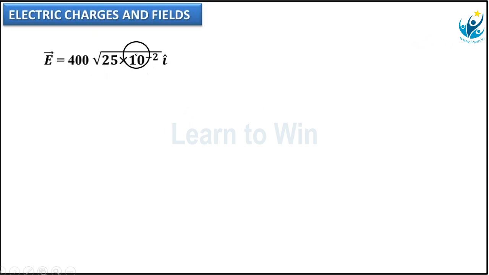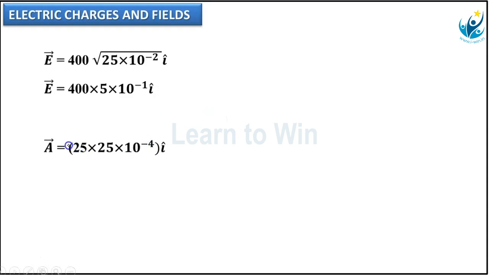Along which direction does it exist? The X axis, i cap. This is the electric field intensity in vector form. Similarly, E bar equals 400 times the square root of 25, which is 5, times 10 power minus 2, which comes out of the root as minus 1, i bar.